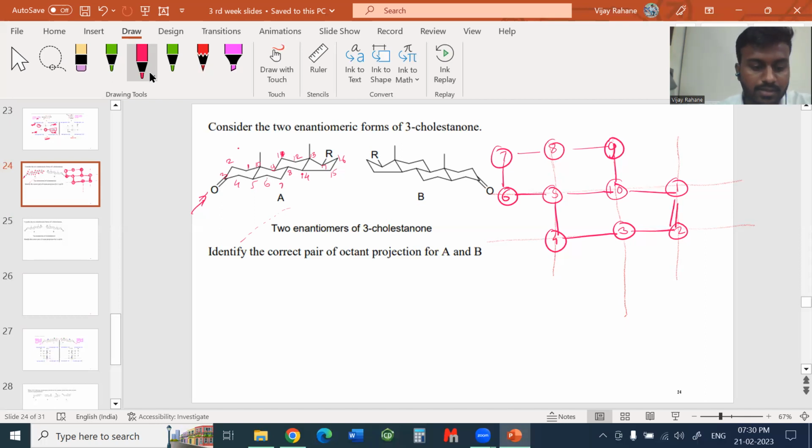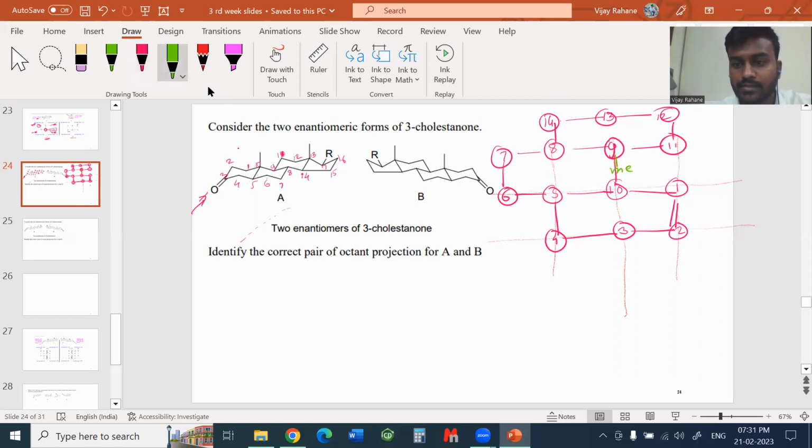And for the 8th carbon, 14 is attached equatorially. So this 14 will be here, 13 will be here, and 12, 11 will be like this. And the methyl is at axial position, so this methyl is here.